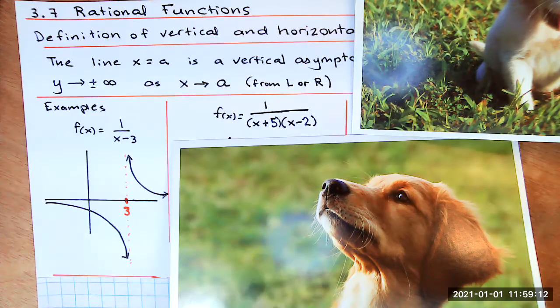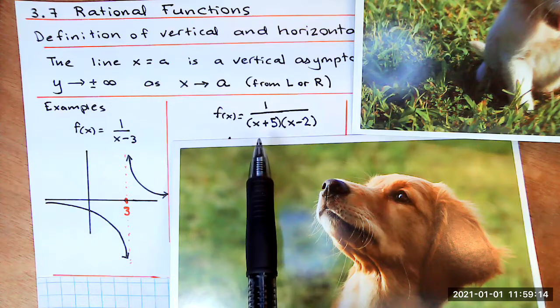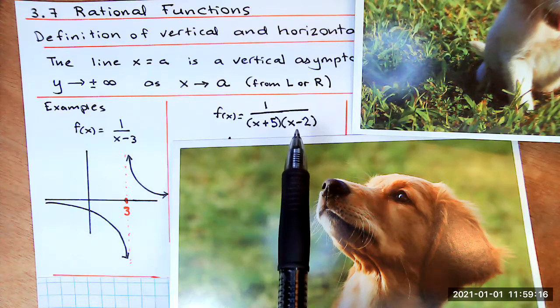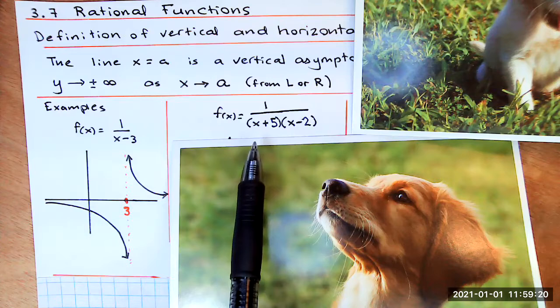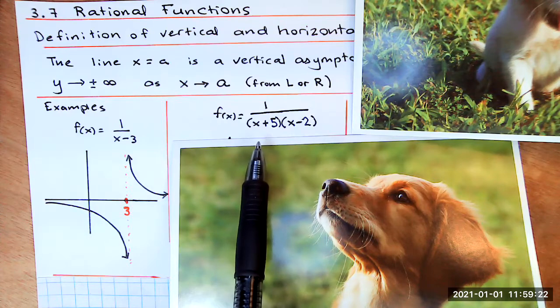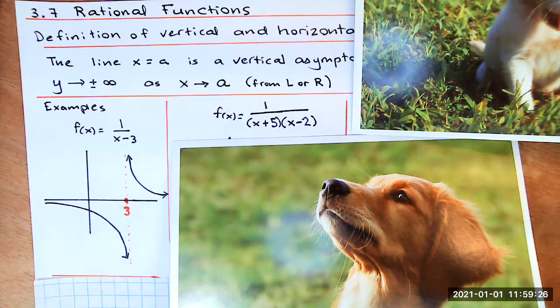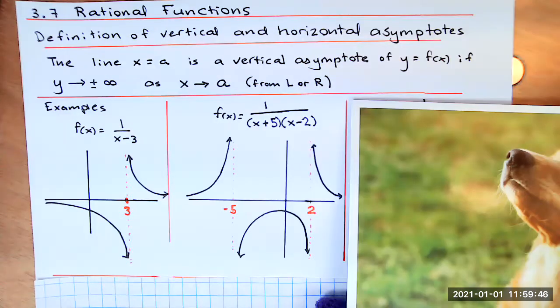All right, f of x equals 1 over x plus 5 times x minus 2. So before we look at the graph, can you guess where the vertical asymptote or asymptotes may be? If you guessed negative 5 and positive 2, you're correct.